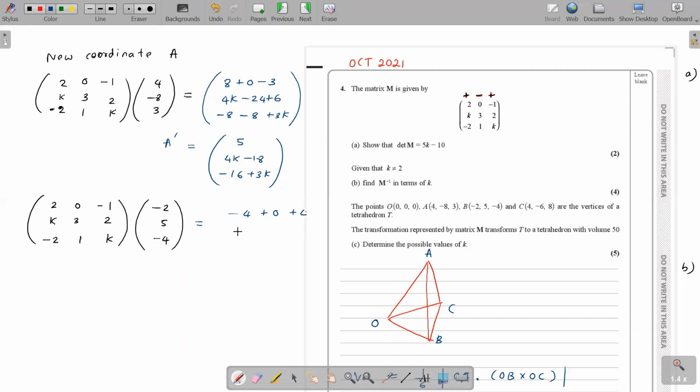Next one, k times -2 is -2k, 3 times 5 is 15, 2 times -4 is -8. Then -2 times -2 is +4, plus 1 times 5 is 5, k times -4 is -4k. -4 plus 4 is 0. Then -2k, 15 minus 8 is +7, 4 plus 5 is 9 minus 4k. So this is the new coordinate B. Agreed?